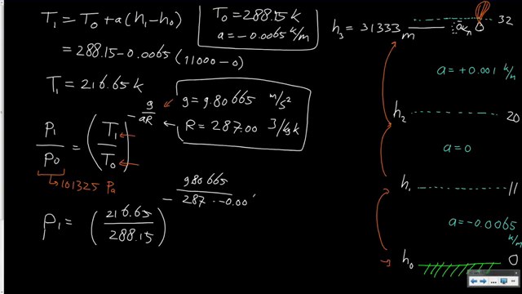Then I have to put a in here, like this. And we see two minus signs, so they cancel each other out. And we have to multiply this times our starting pressure, P0, which we have moved to the other side of the equation to calculate our P1.